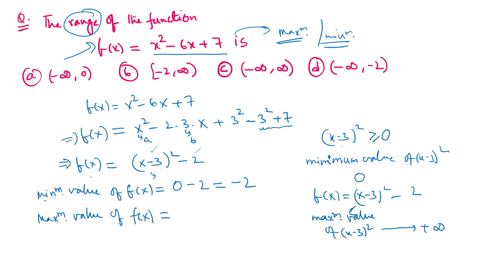As x grows, the value of x minus 3 square grows without bound, so it goes into infinity. So infinity minus 2 is still infinity, so the maximum value it can go up to is infinity, right? So the minimum value is minus 2 and the maximum value is infinity.